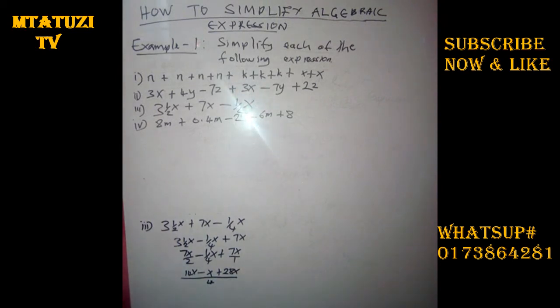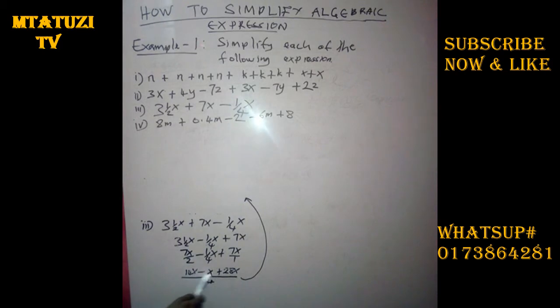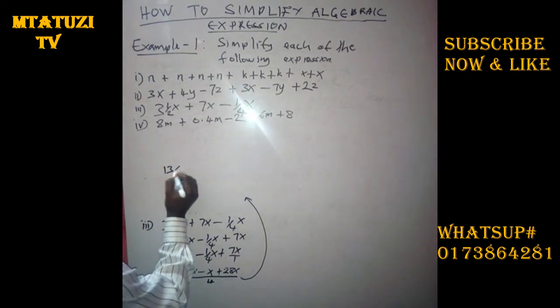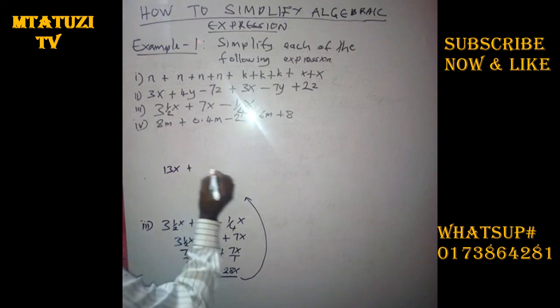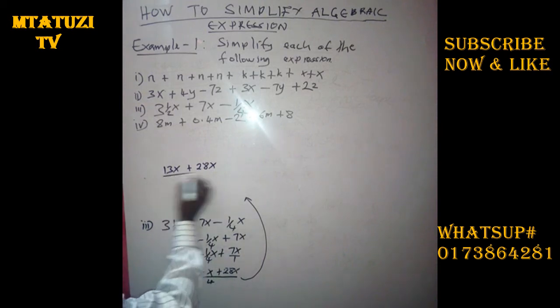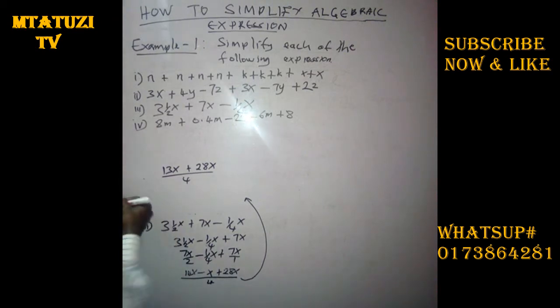Now there we have to do simple basic mathematical operations. I will write it here on the top so that you can see. So we take 14x minus x, you get how much? 14x minus x, you get 13x, plus 28x, over 4.